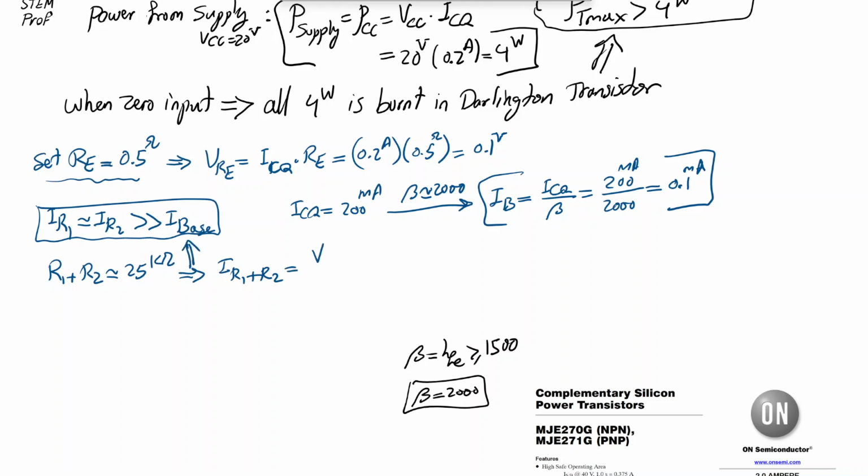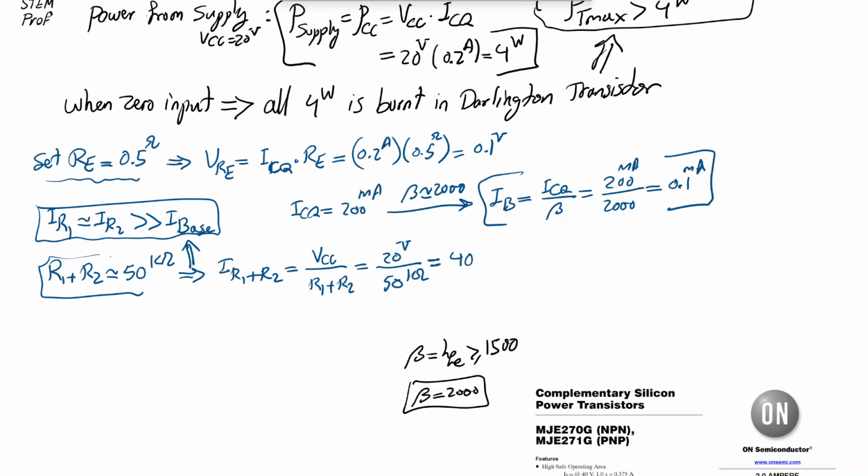IR1 R2 is simply VCC, or V supply, divided by R1 plus R2 in series, and we get 20 volt divided by 25K. Or let's say we can set it 50K. It doesn't matter. These are design choices we can make. So if we do so, then what we get is just a matter of, let's say, 40 milliamp.